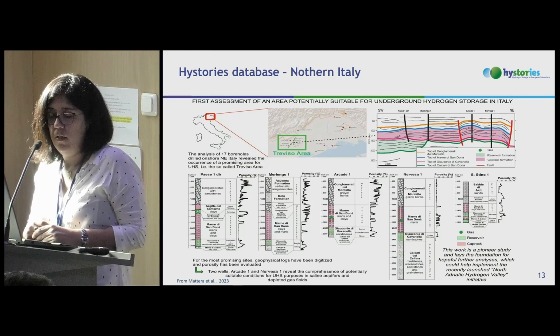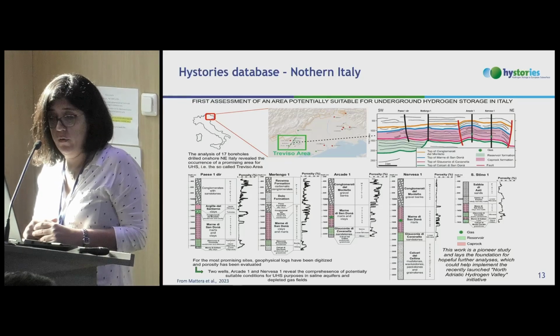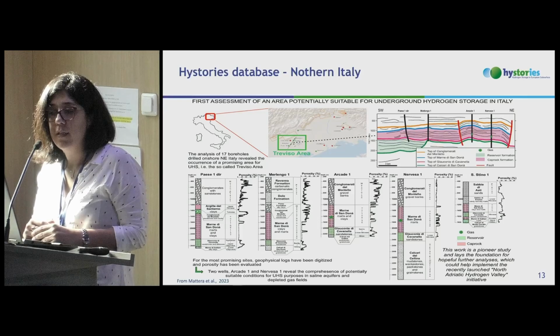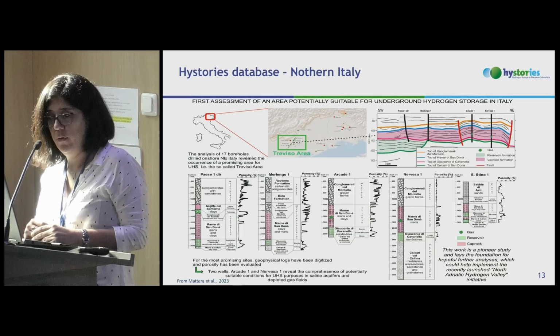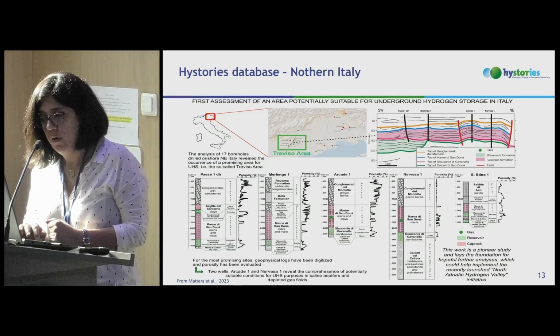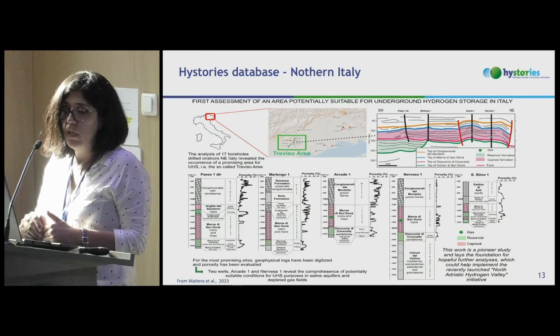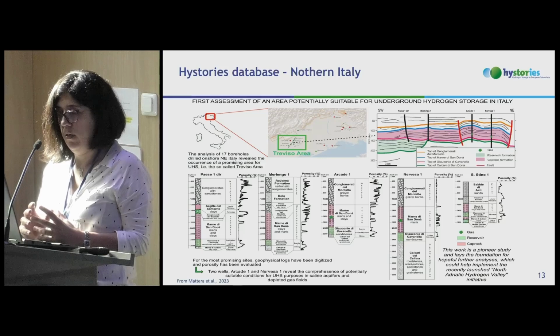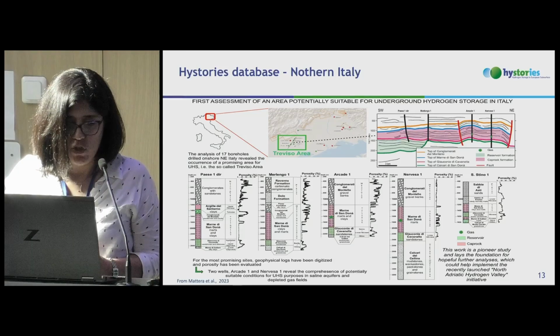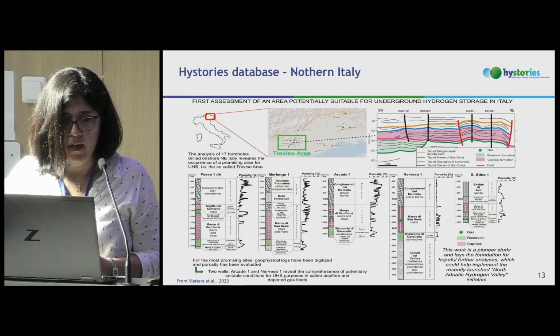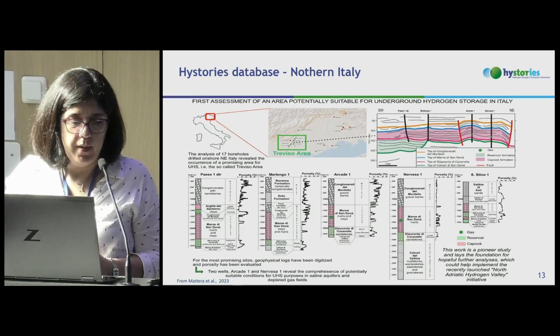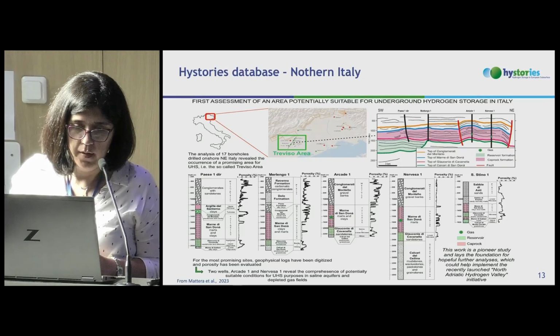And there are 17 boreholes. And among these, we identify 5 boreholes that show a reservoir in green that have the same lithology and the same age. So we can find a correlation and consider this reservoir as a unique reservoir.